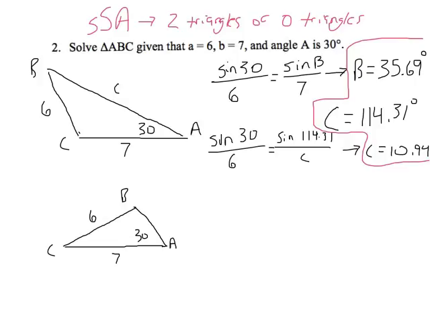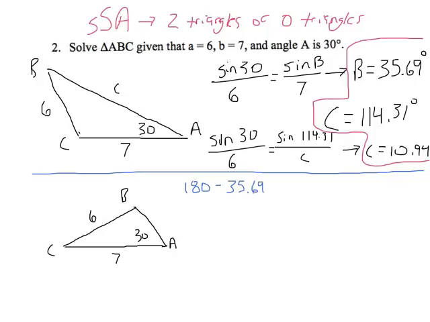Well, again, in class I'm going to have to show you why we can do this, but we need to take the first angle that we found, so in this case angle B, and we're going to go 180 minus that angle. There's a reason that we do that. Again, I'll have to show you that in class. So I'm going to go 180 minus the 35.69.